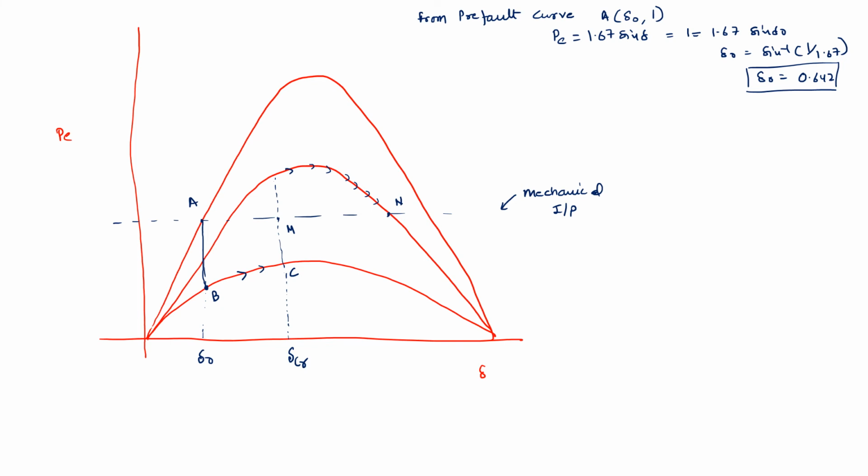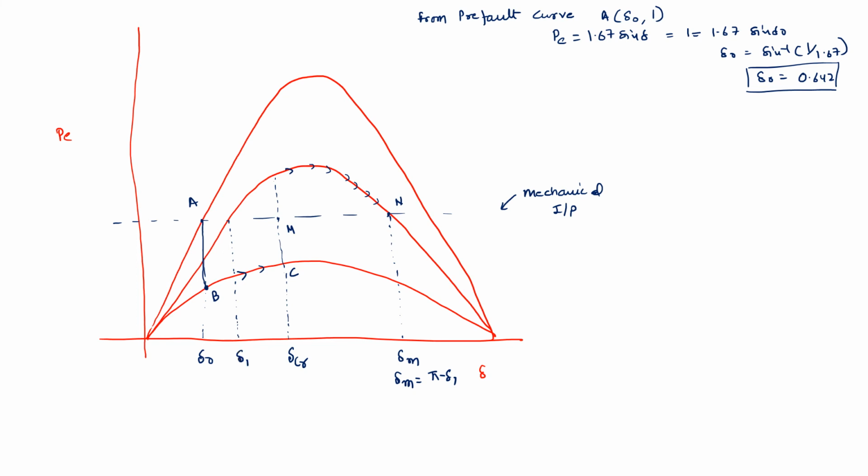If we increase the delta, there will always be a possibility that we will reach an operating equilibrium where the mechanical input and electrical output lines intersect each other. But here in this case, beyond N, if I am increasing the delta, I won't be able to get any operating equilibrium because the mechanical input will always be higher. So this is the critical clearing angle where we need to see. This is how I mark delta M over here. This delta M is equal to pi minus delta 1, and this delta 1 is this angle.